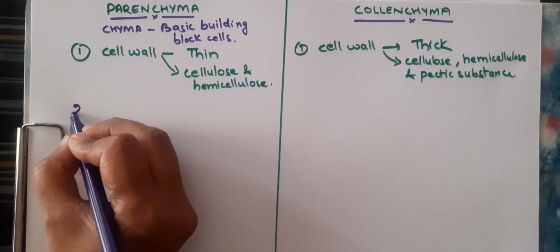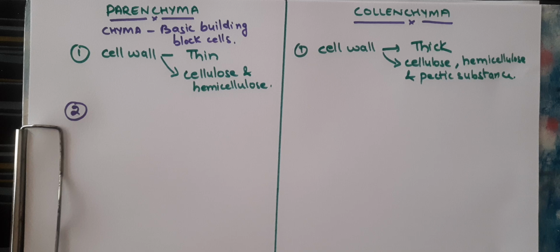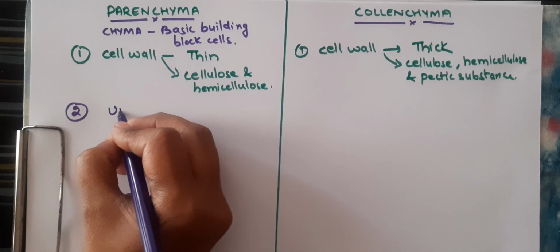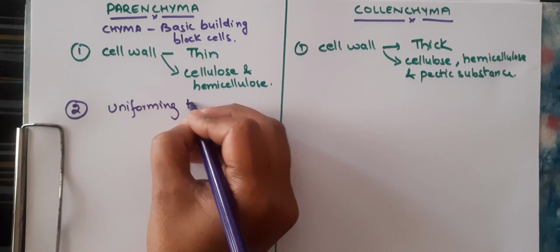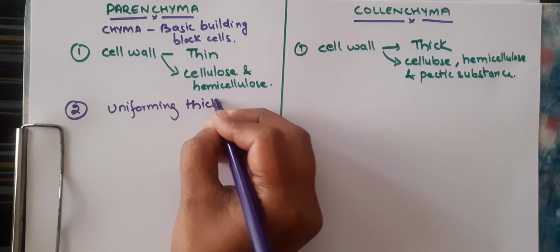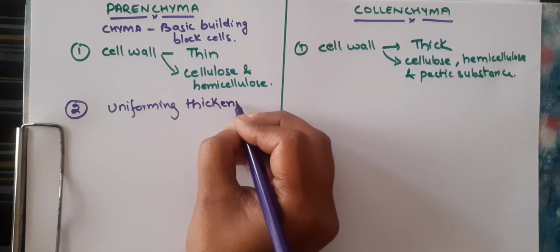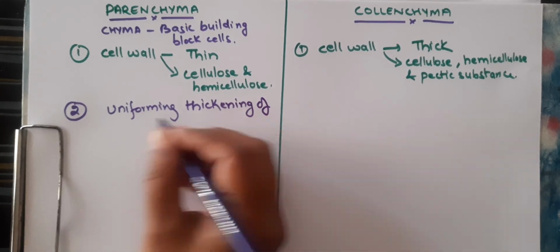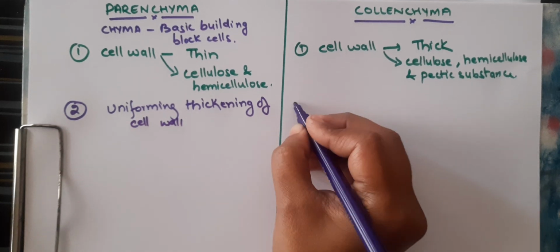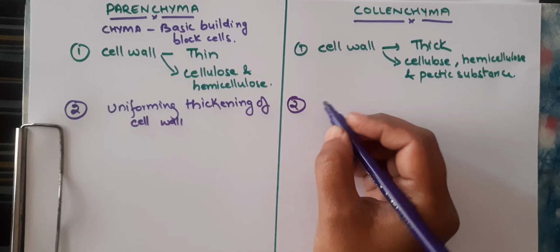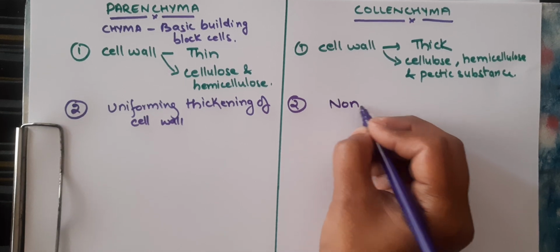The second difference between parenchyma and collenchyma is that the parenchyma cell wall exhibits uniform thickening of the cell wall, whereas the cell wall of collenchyma is non-uniformly thickened.